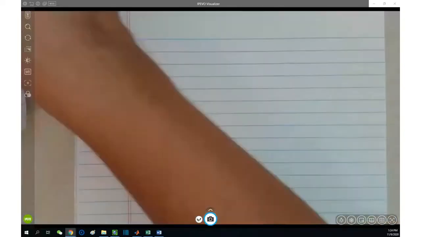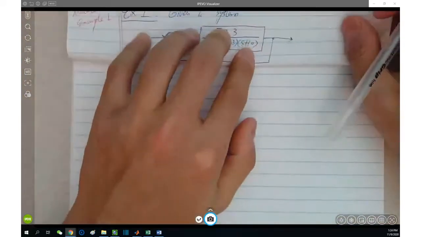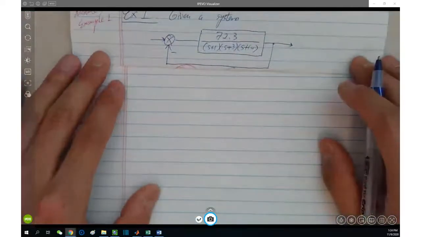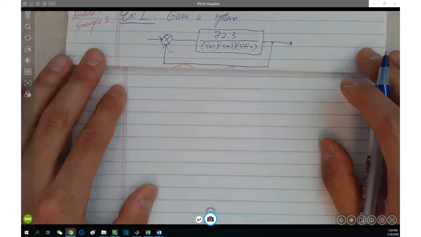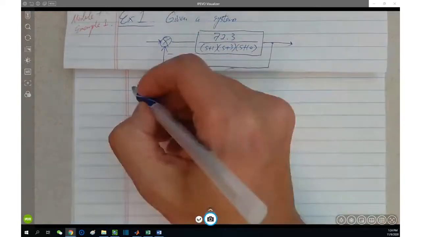All right, keep moving to this example 1. The question for this example 1 is actually asking multiple things.